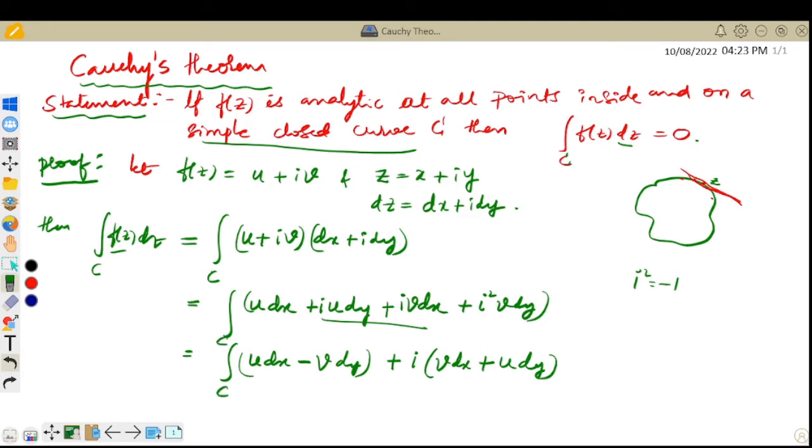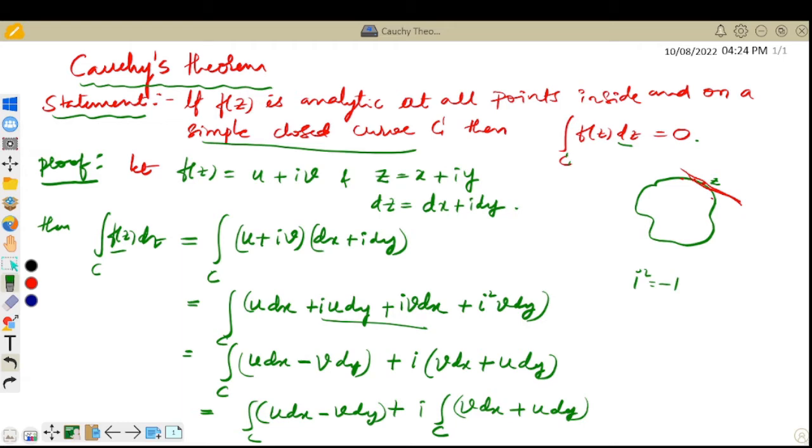So the integration of a sum is the sum of the integrations. Which is equal to the integration of u dx minus v dy plus i times the integration of v dx plus u dy, over the curve C.